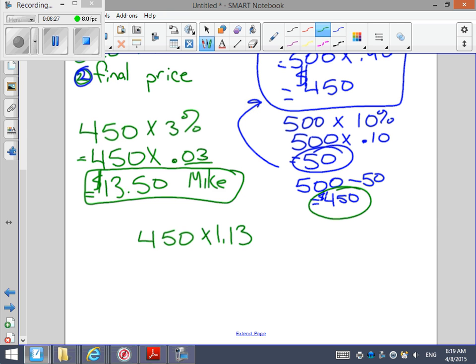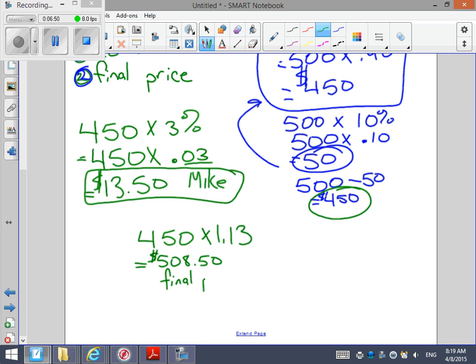The 1 represents 100% of the price, and the decimal 0.13 is the extra 13%. When we do it this way, it puts all our work into one line. Multiplying those two together, it's $508.50. So that's the total price, or final price.